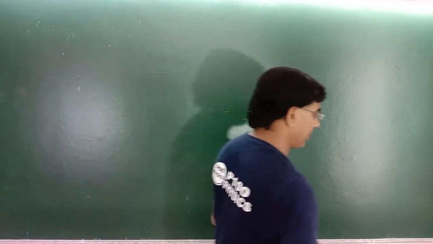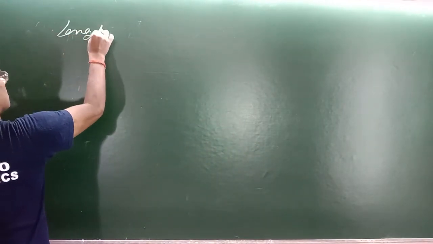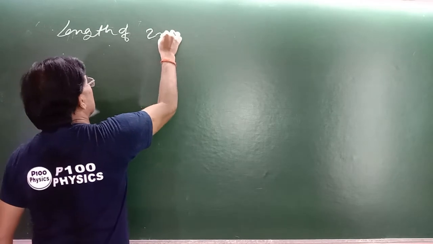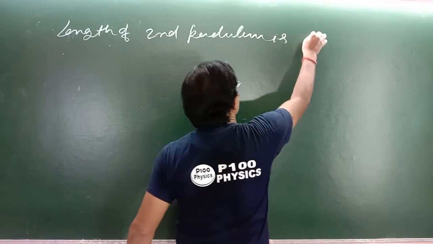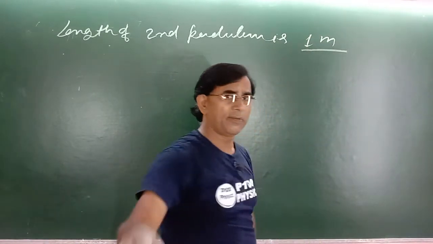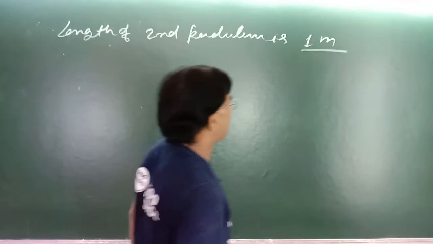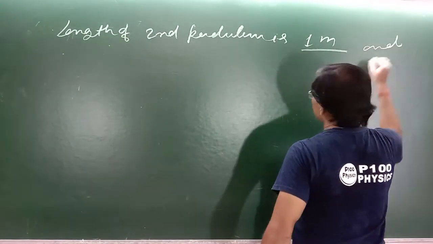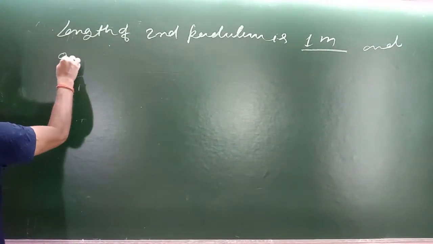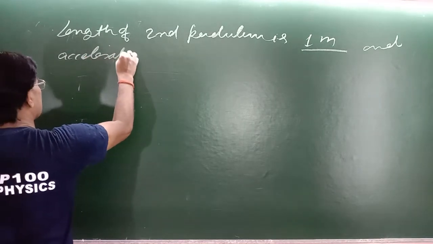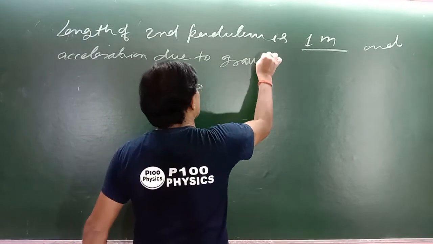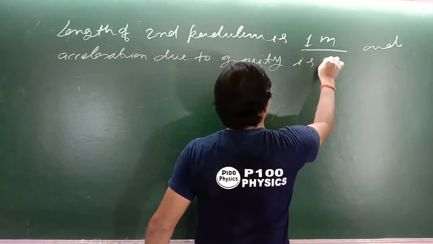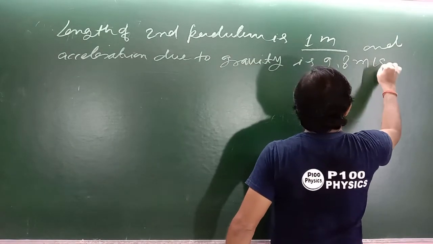The length of the second's pendulum is given in the question as 1 meter, and the acceleration due to gravity is 9.8 meter per second square.